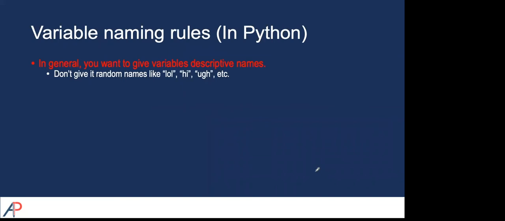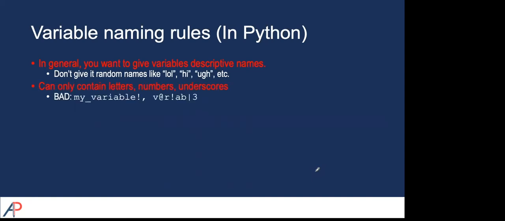So don't give it random names like LOL or hi or anything that has no meaning. If LOL stands for something that you are able to recognize and has some kind of significance when you're running your code, then feel free to use LOL. But other than that, for example, if you're trying to count something, then maybe call a variable count.